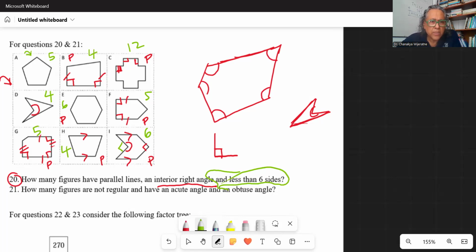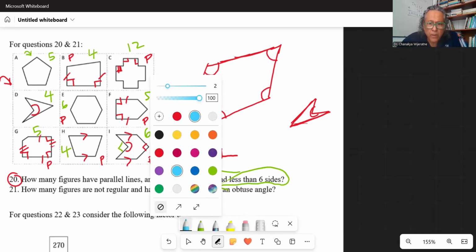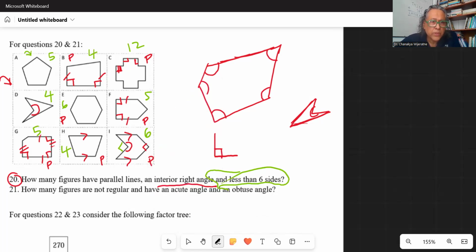So then let's count. Let's say less than 6 sides and parallel lines and interior right angle, how many? Let's use a different color, light blue. So this is correct, not correct, not correct.